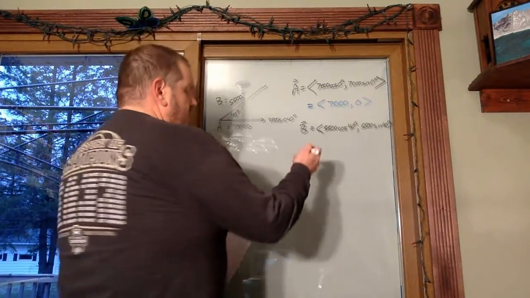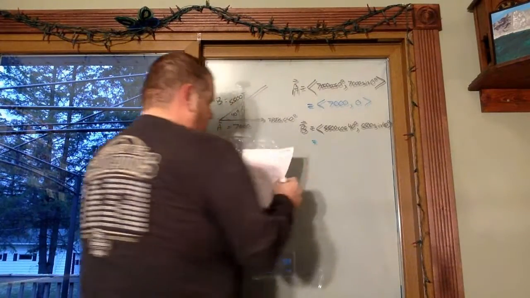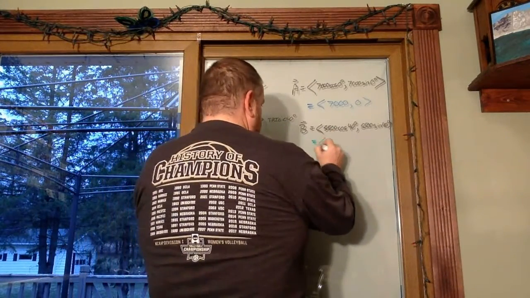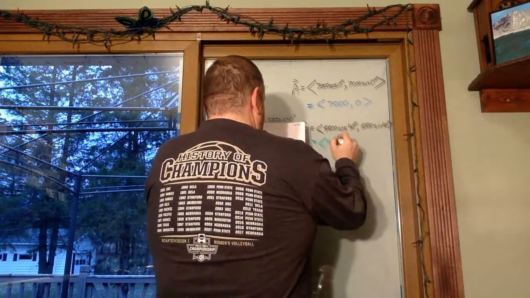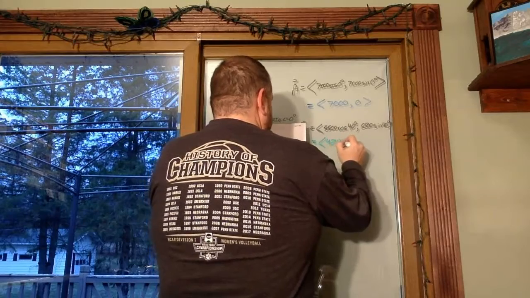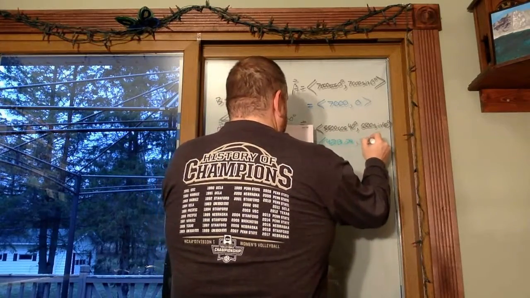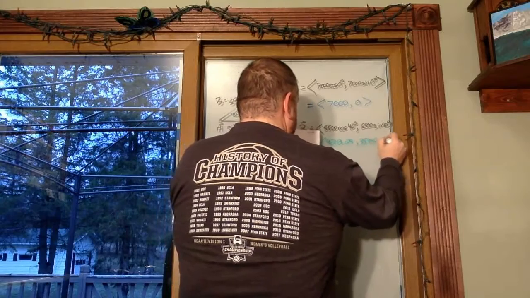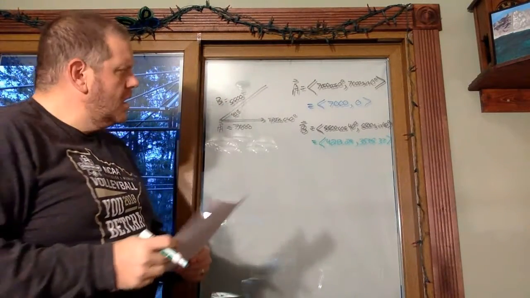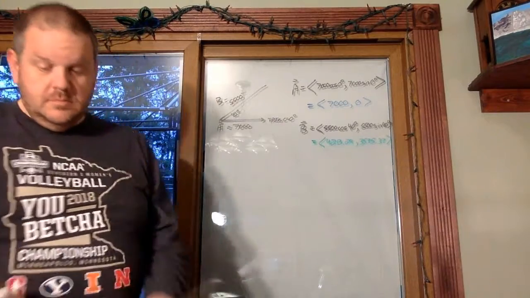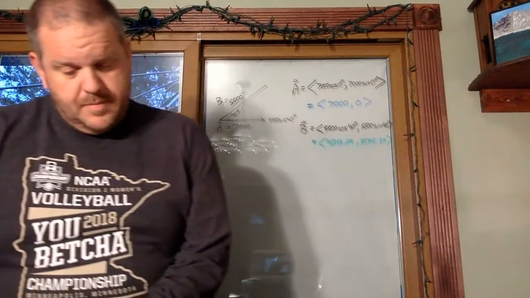So if I type this in on the calculator, then I get a vector here of 4213.24 and 3535.33 as my vector. Okay.